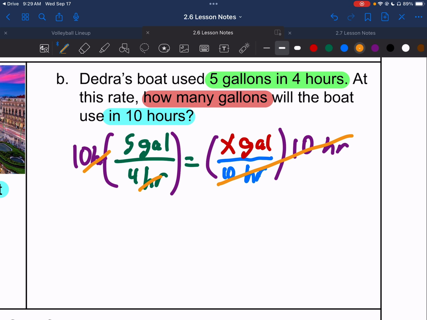So what units do I have left on my left side? The only unit that I have remaining is gallons. So I know I'm on the right track now. And so I do 10 times 5 is 50. 50 divided by 4 is 12.5 gallons is equal to x.